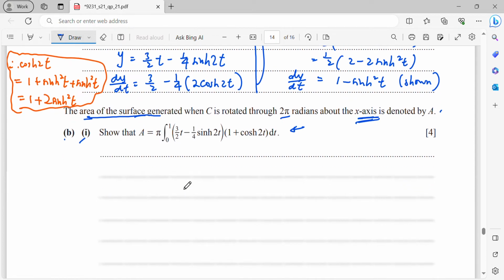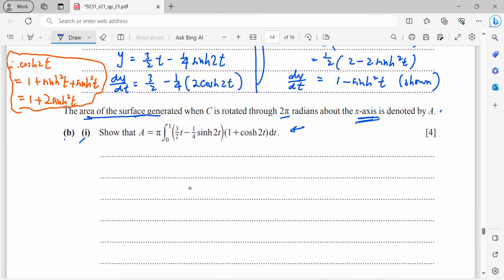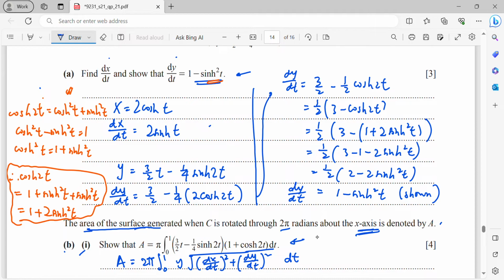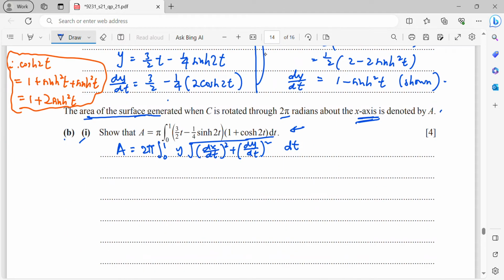Our formula for the surface area is 2 pi integrate 0 to 1 y square root of dx/dt squared plus dy/dt squared dt. Just now we have found the dx/dt and dy/dt. So now I will get my dx/dt squared plus dy/dt squared first before I substitute into this A formula.